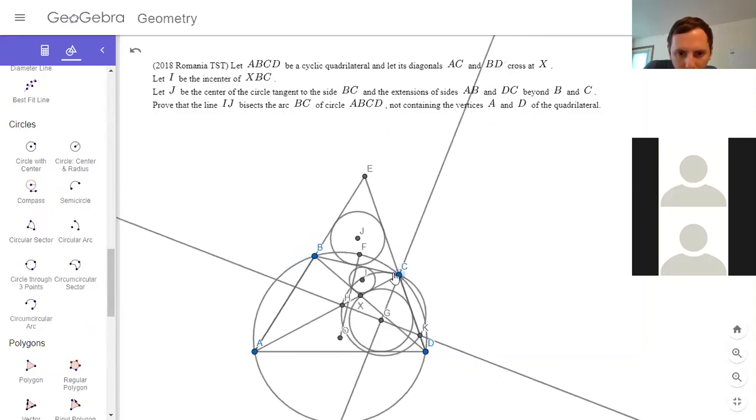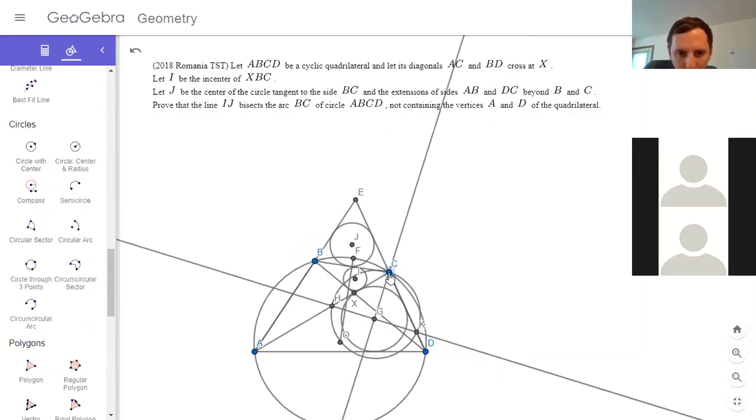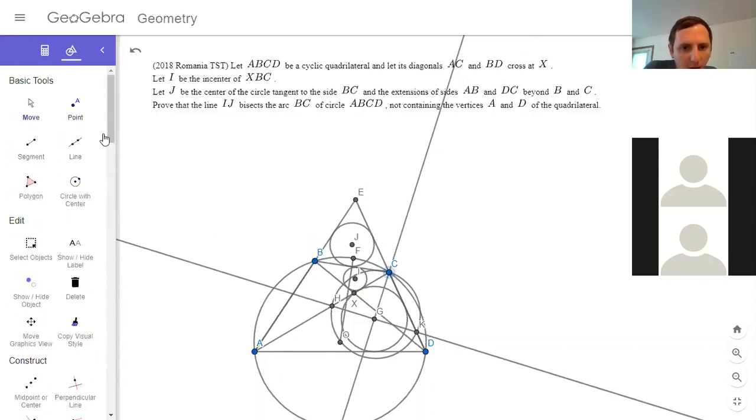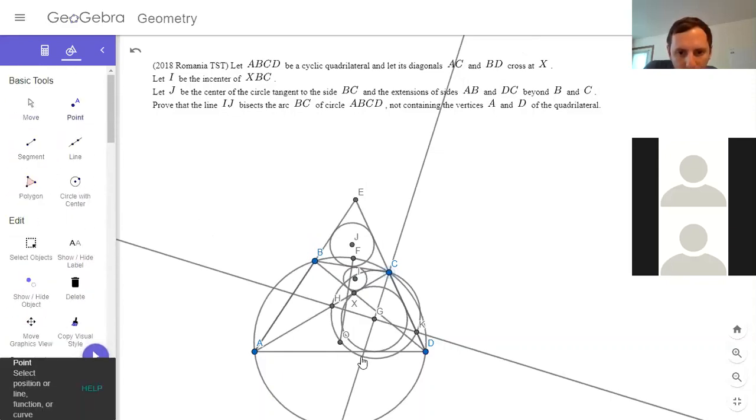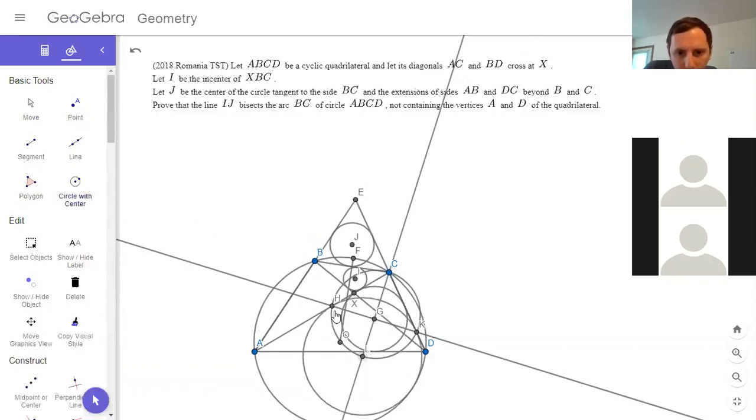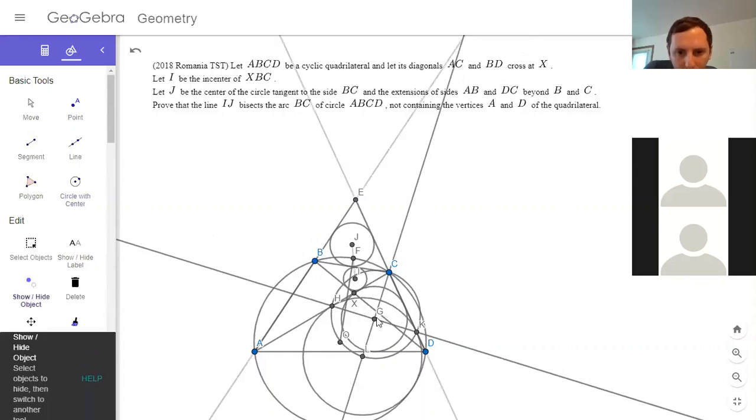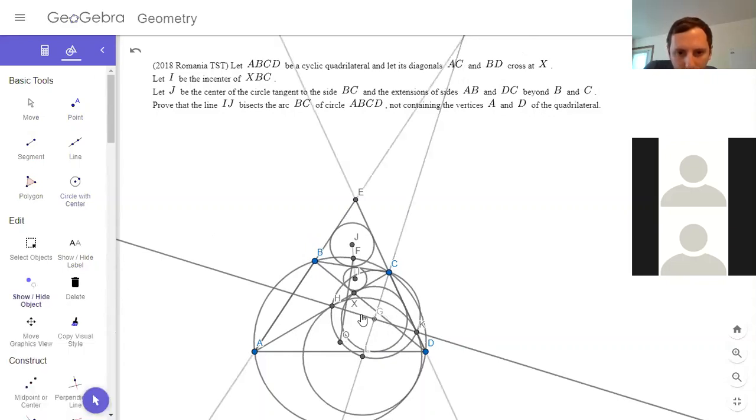Hold on just a second. Is that really it? Okay, let me hide a bunch of stuff. I'll explain what I'm doing, but I'm trying to use Urijon's suggestion.